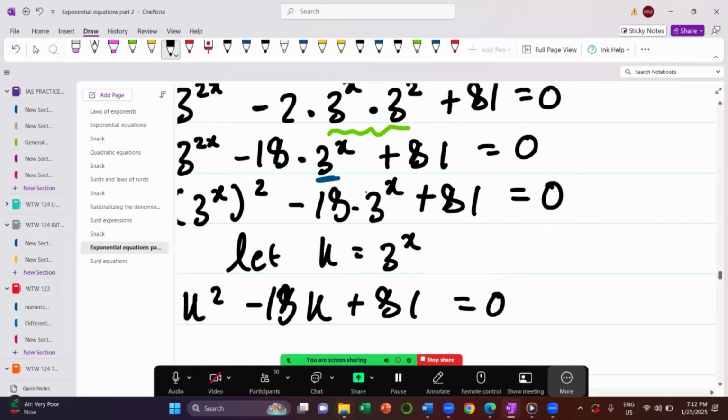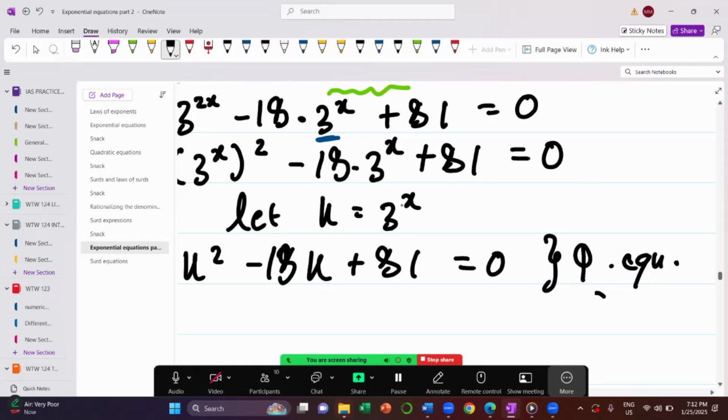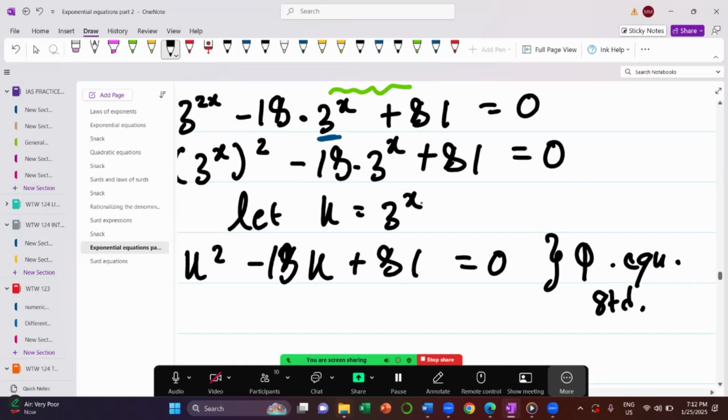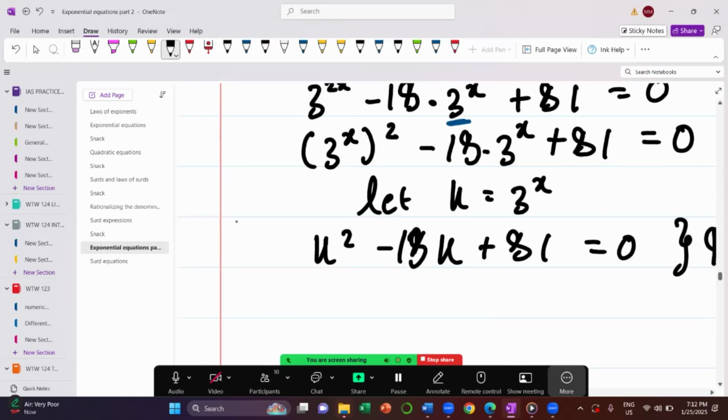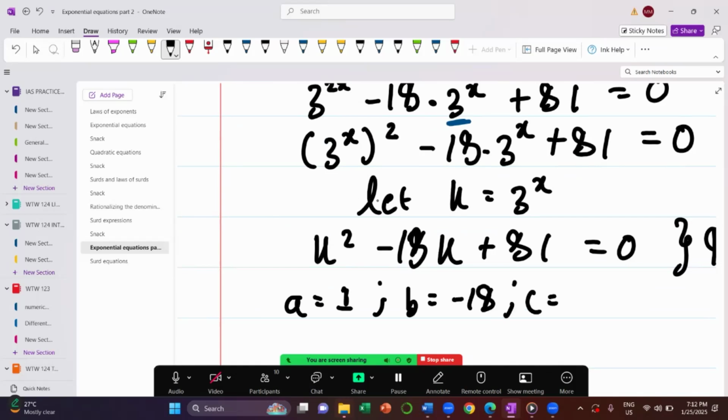So now this is just a quadratic equation, and it's in standard form. So let's identify the values of a, b, and c. I have a being equal to what? 1, right? What is my value of b? What is the value of c? 81.